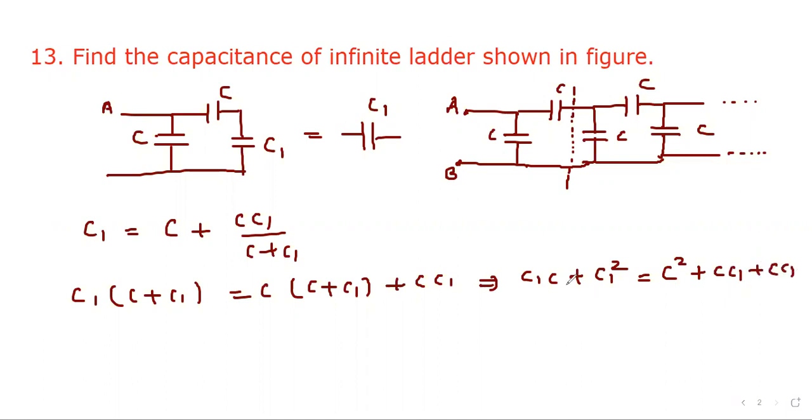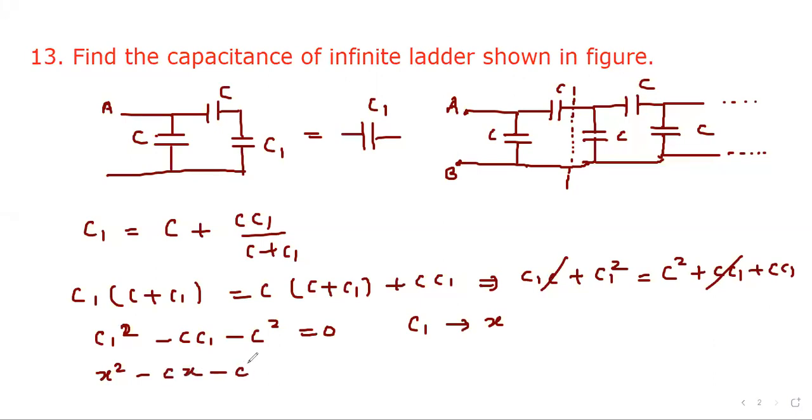So one CC1 will cancel out, and we will get equation C1 square minus C C1 minus C square equal to 0. Suppose C1 we assume as x, so this will be quadratic equation in terms of x. So it is x square minus cx minus c square equal to 0. We have to find out x.